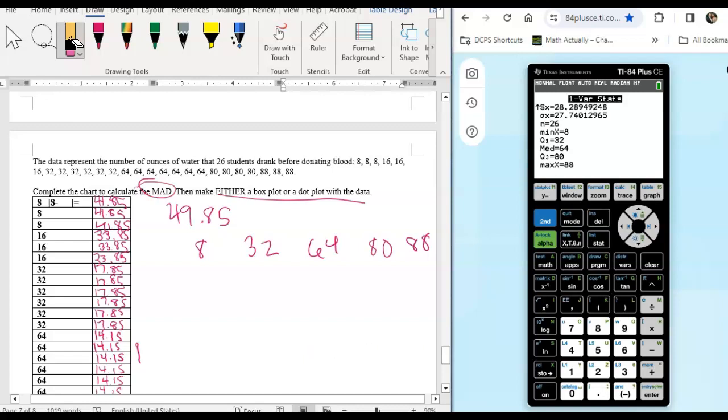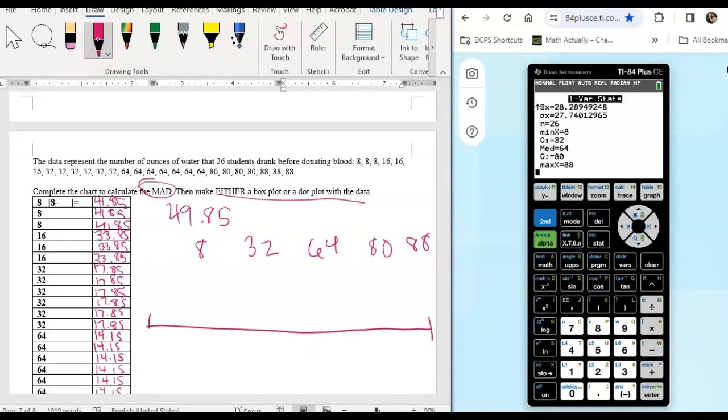Let's redo that. All right. 8, 16, 24, 32, 40, 48, 56, 64, 72, 80, 88. We'll go to 96.